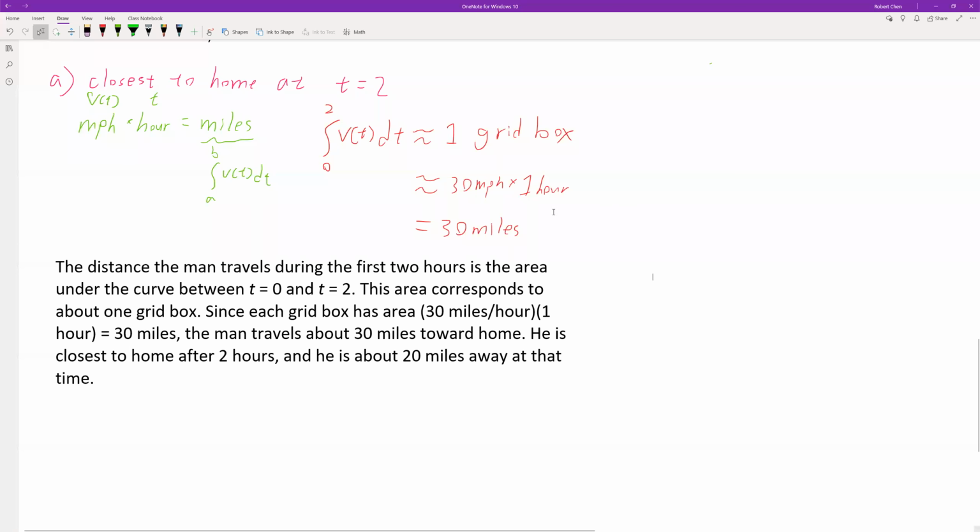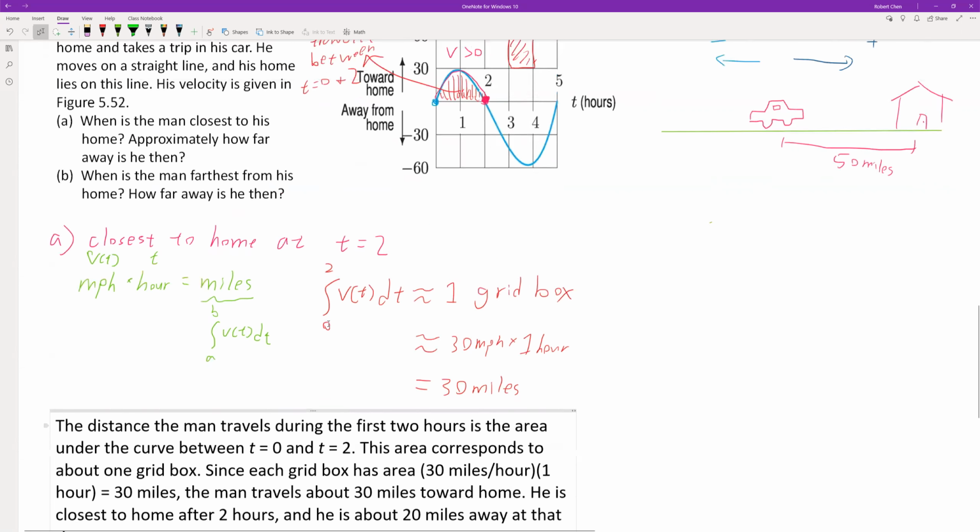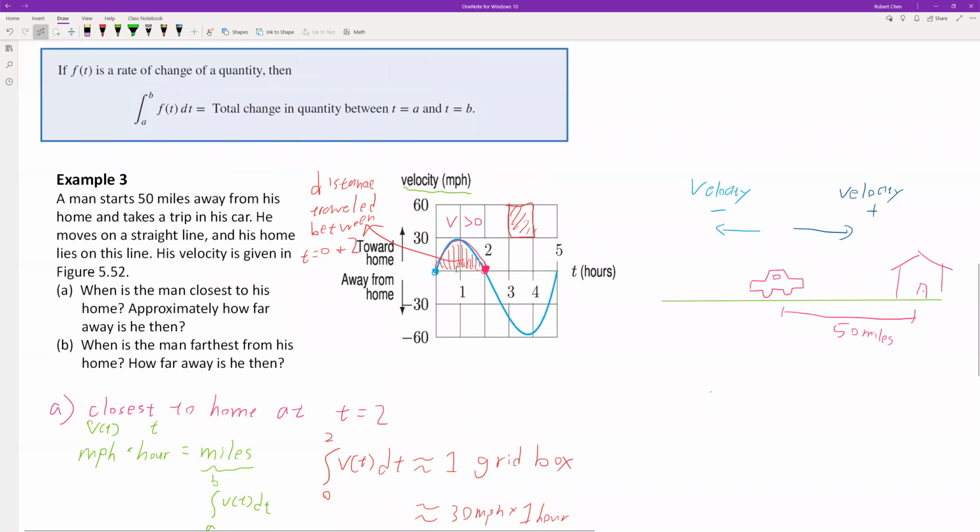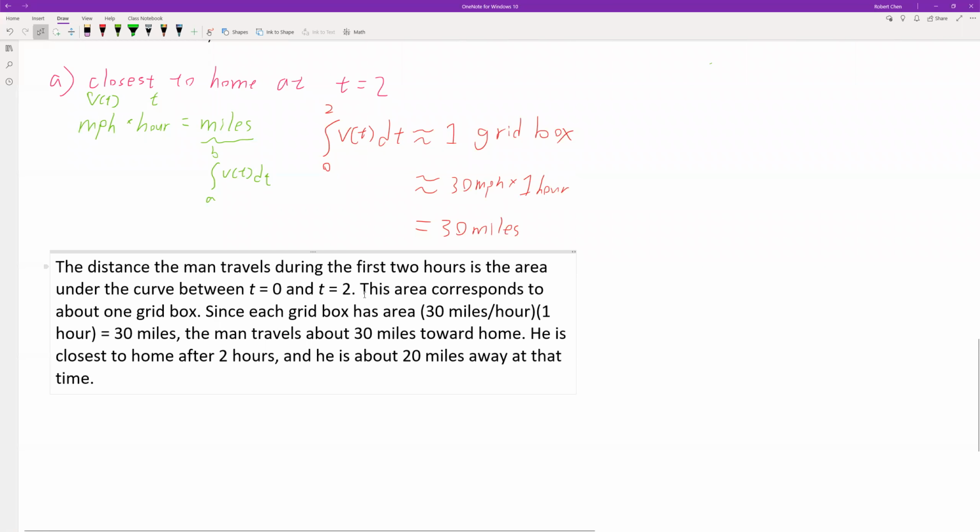Okay, so the distance the man travels through the first 2 hours is the area under the curve between 0 and 2. This is what we found, this red area right here. The area corresponds to about one grid box. Since each grid box has an area of 30 miles per hour times 1 hour, which is 30 miles, the man travels about 30 miles towards home. So he is closest to home after 2 hours.